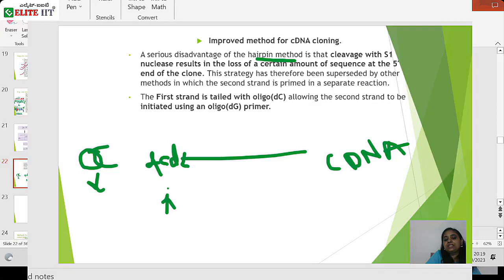Oligo dG will bind with this C, so there will be primer G. This part is the primer, which you have to add separately. Before adding the primer, you have to add oligo dC so that it can bind at the 3' position of the single-stranded DNA.